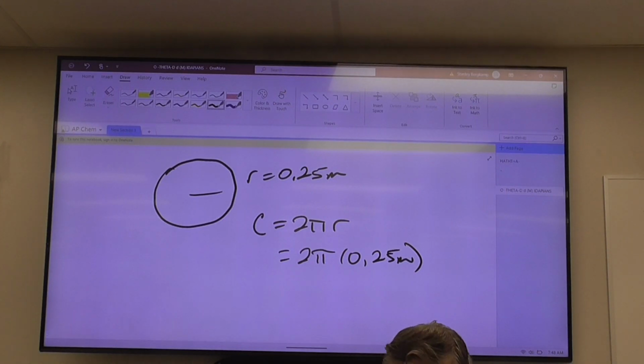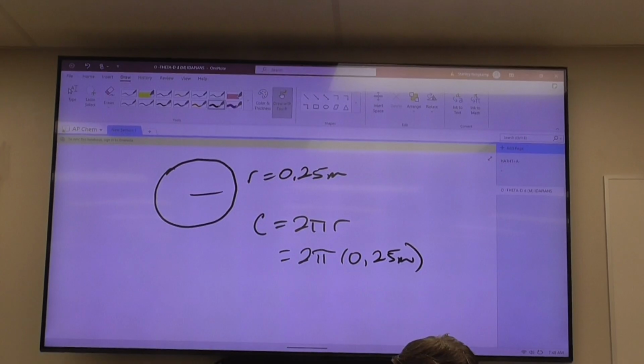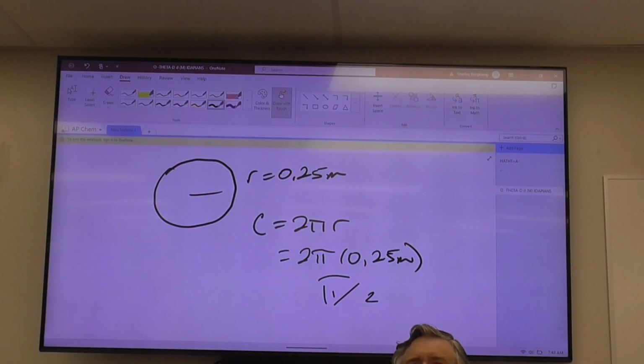This is 1/4, which makes that pi over 2 meters. I'm not going to find a meter stick that says pi over 2 meters. It's not there. So mathematically, that's the pure answer. Realistically, it doesn't work. So when you're actually doing this, get it into decimal form, because that's what you're going to measure in.